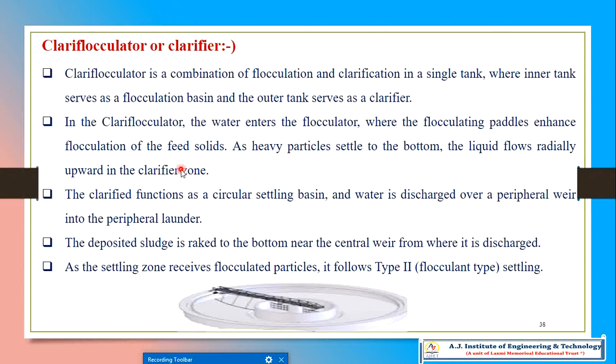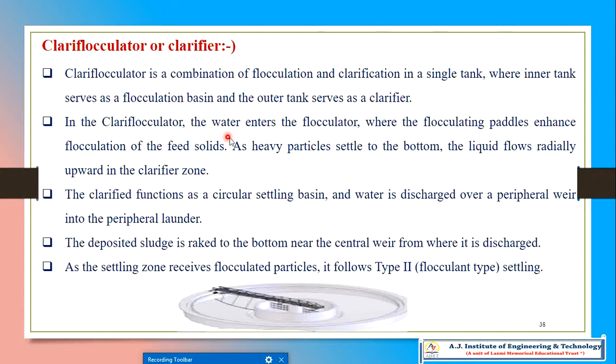Clarifier means settling. Here you can see in the figure it is clearly one tank, and inside you have a flocculator. The combination of clarifier as well as sedimentation, or clarifier with flocculation, we used to call a clariflocculator.